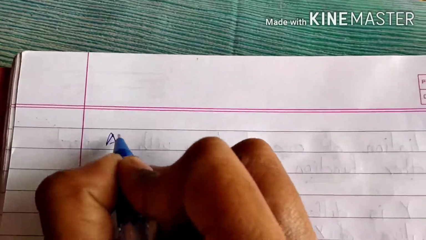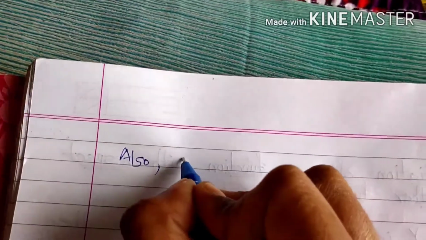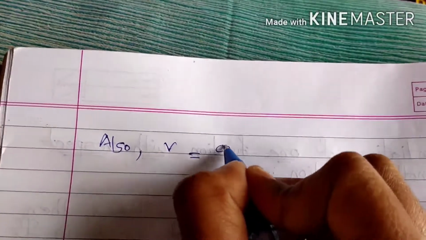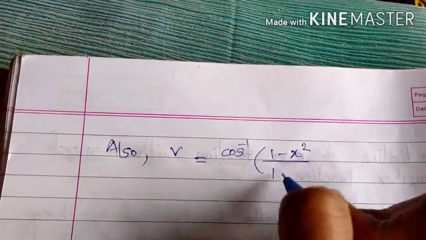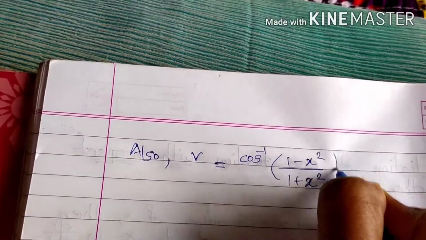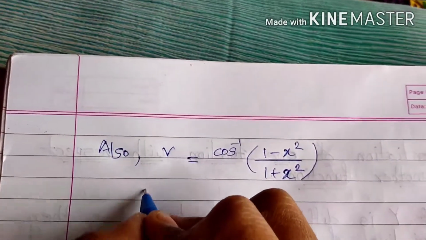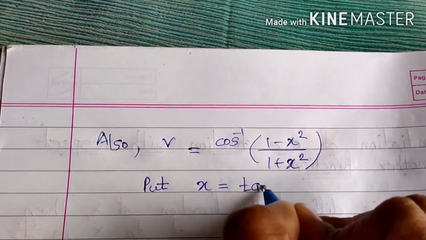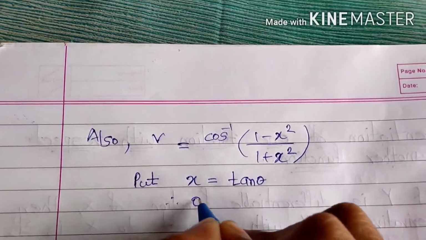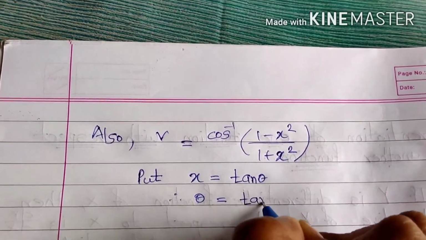Also v is equal to cos inverse 1 minus x square upon 1 plus x square. Here also put x is equal to tan theta. Therefore theta is equal to tan inverse x.